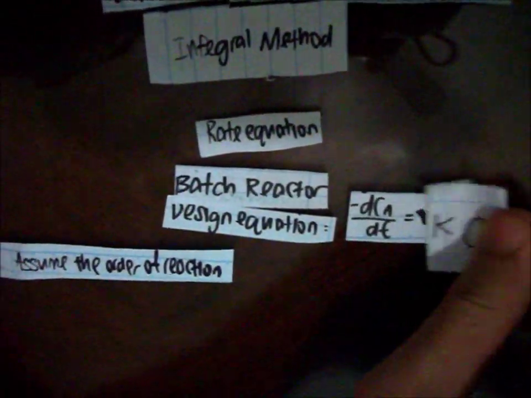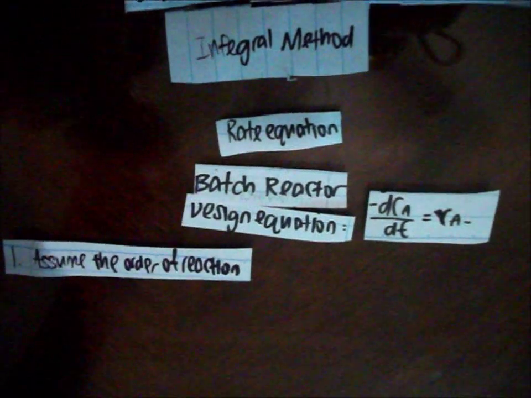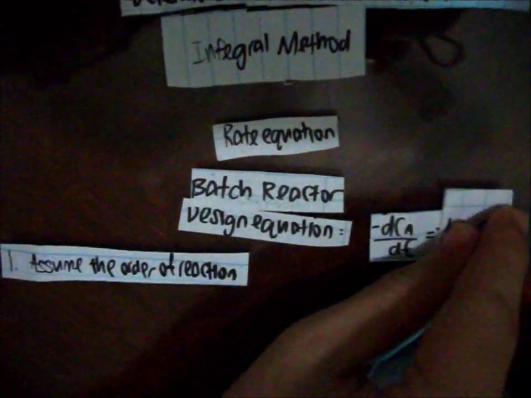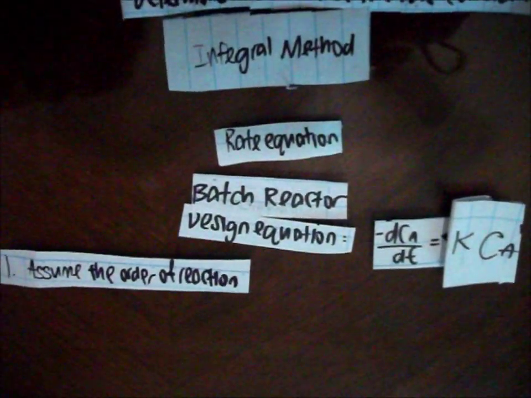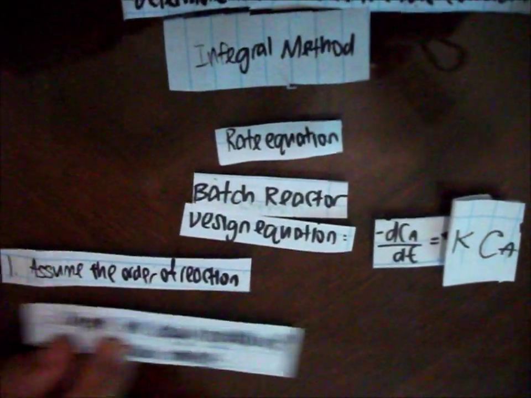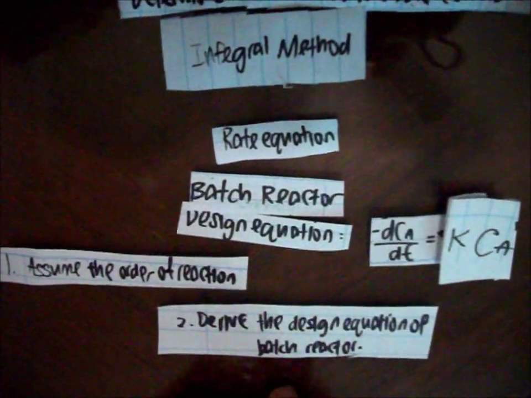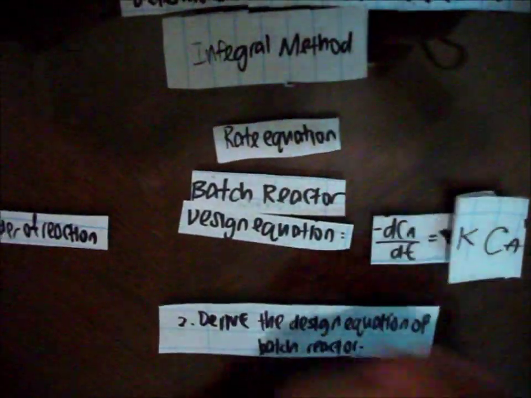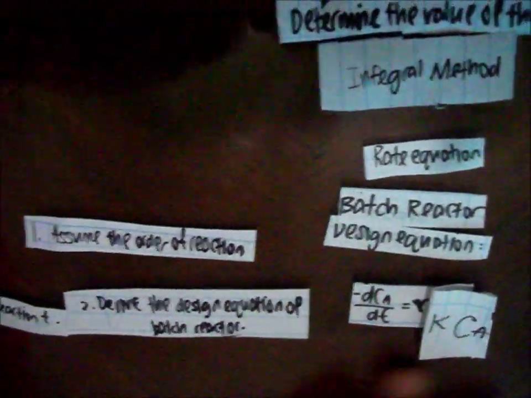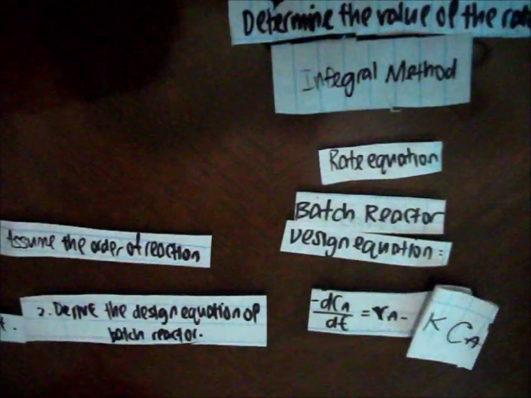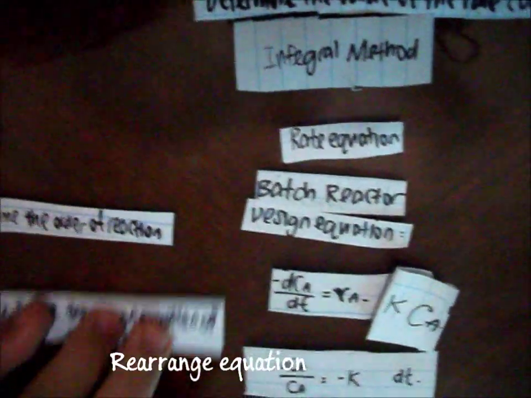It becomes basically k multiplied by CA. We will make use of this equation later on. The second step is to derive the design equation of the batch reactor. We make use of this equation, and we can further rearrange it into this equation.